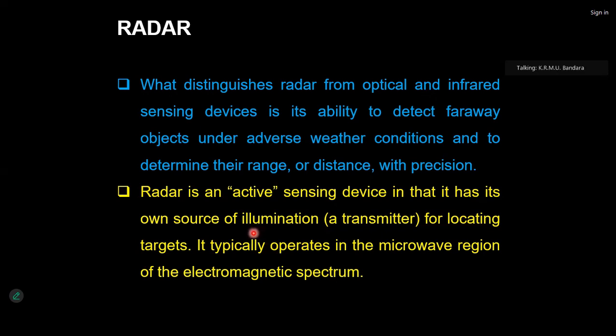Who is generating the microwave? This is a satellite or an aircraft or a drone or any platform. They generate the microwave, send it into space, and find the object. Therefore, they are not using an illumination source from outside. They use their own source of energy, so this is called active.